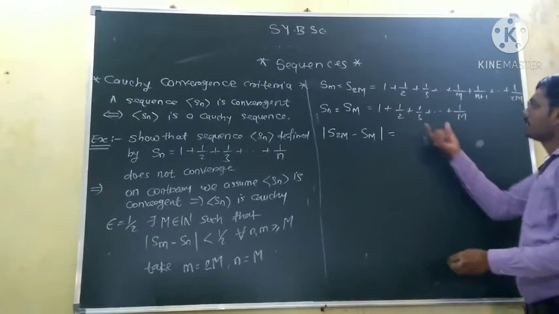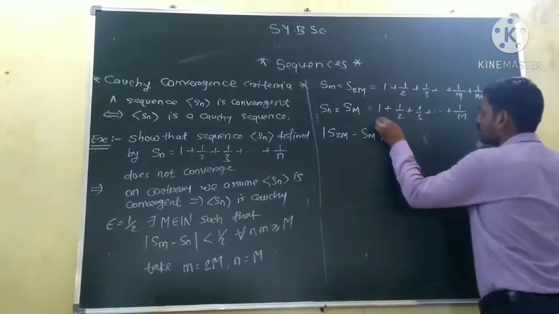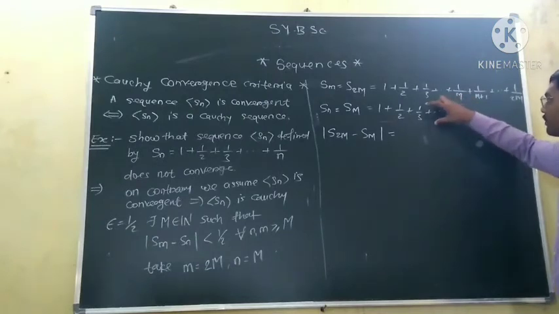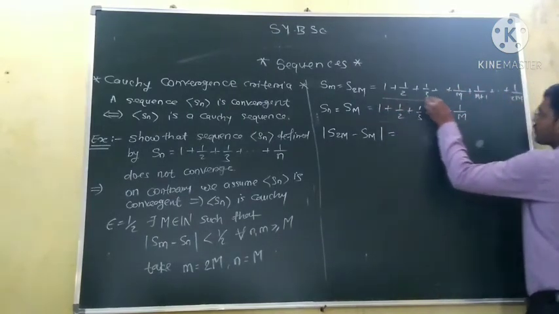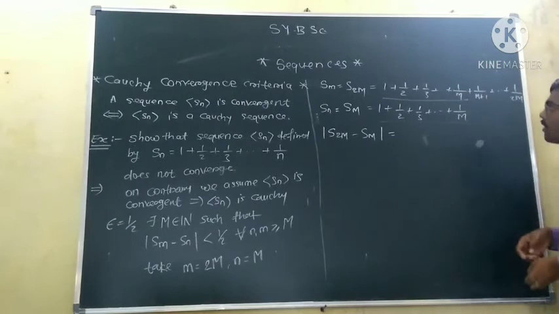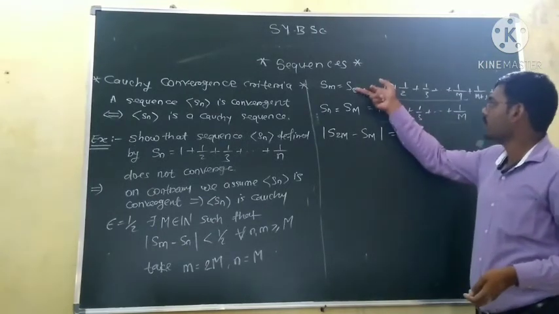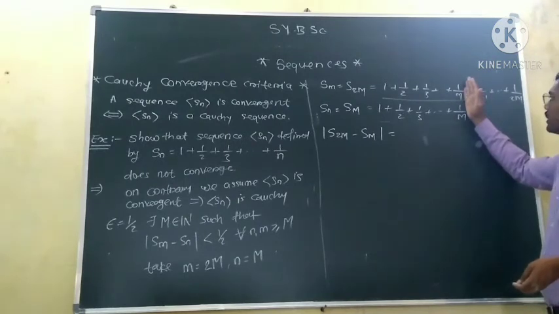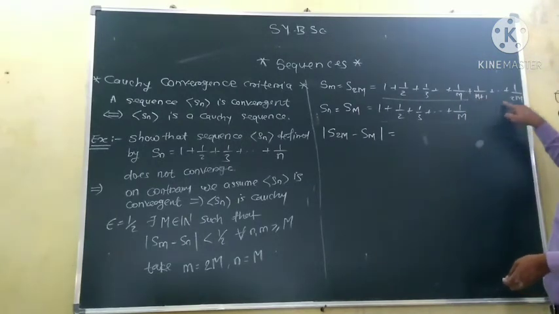Now see, the terms in Sm are the sum of the reciprocals of the first m numbers. This term is directly here: 1 plus 1 by 2 plus 1 by m. Okay, so if we take the difference between S2m and Sm, this part will be cancelled. So the only part remaining is this.